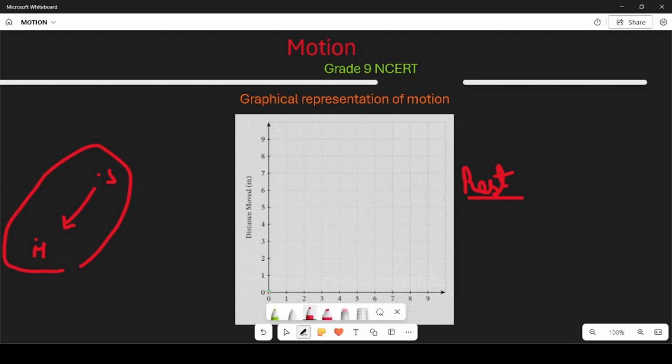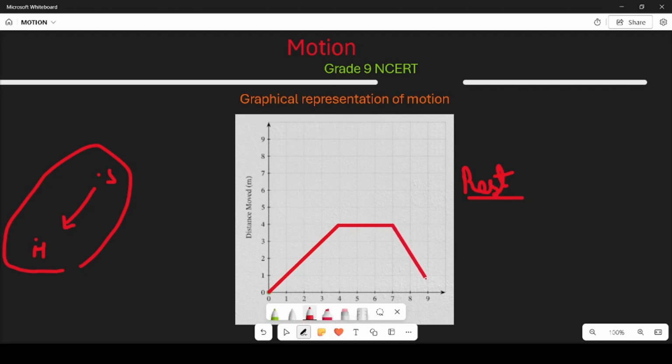So you start at your home, which is 0 distance and 0 time. You start and then you go to school. Let's say it's at 4 meters. So you reach school, and you stay for some time, and now you come back home. Over here the time is actually in hours. So how do you represent that?